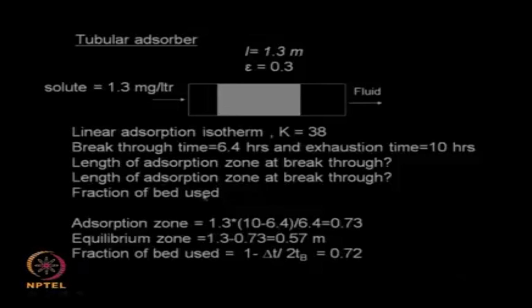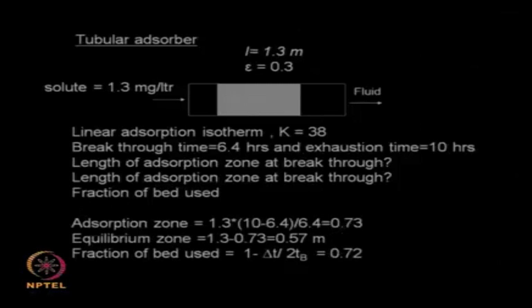So the adsorption zone can be calculated as length times delta t divided by Tb, where Tb is the breakthrough time. Delta t is nothing but the difference between the exhaustion time and the breakthrough time. So 10 minus 6.4, divided by 6.4, multiplied by 1.3 gives you 0.73.